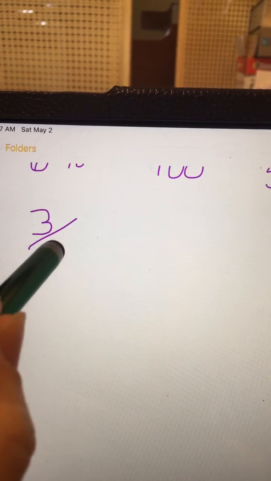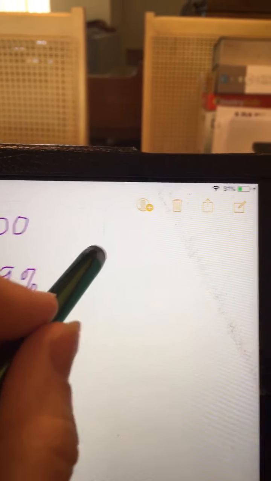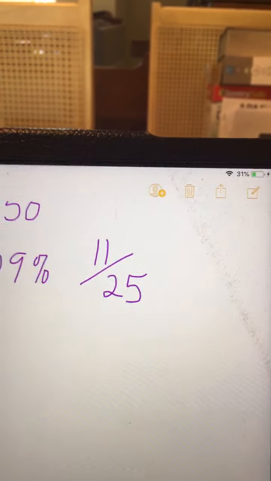All right, let's take a look at quick check number 5. All right, we have 3/10, 0.74, 29%, and 11 out of 25.